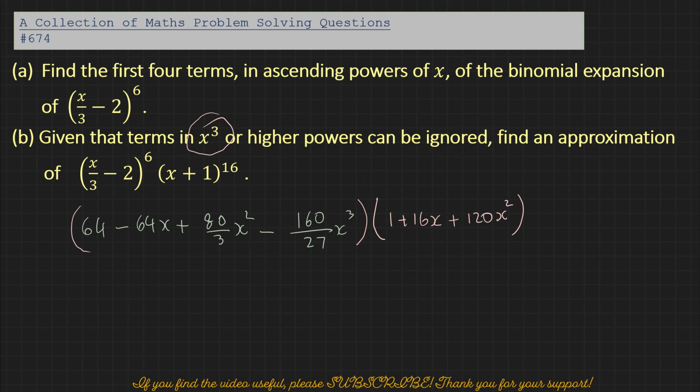Then I'm going to multiply these two. I will be writing the entire first expression multiplied by 1, so that whole thing comes down first: 64 − 64x + 80/3 x² − 160/27 x³.